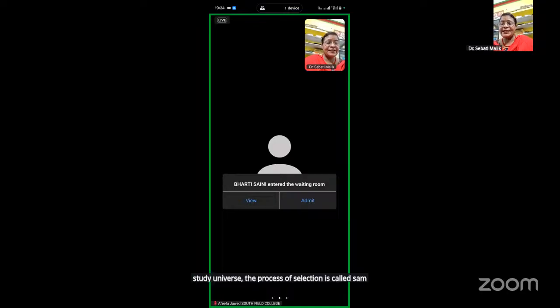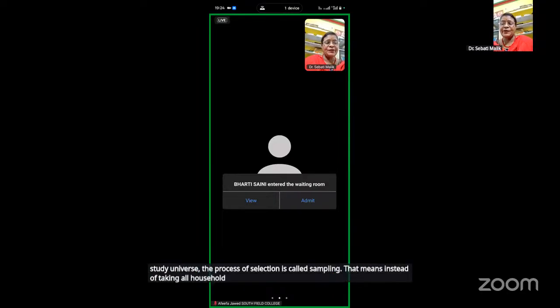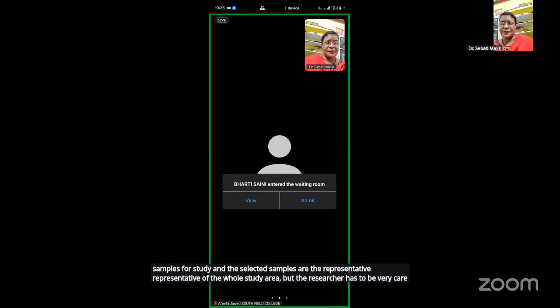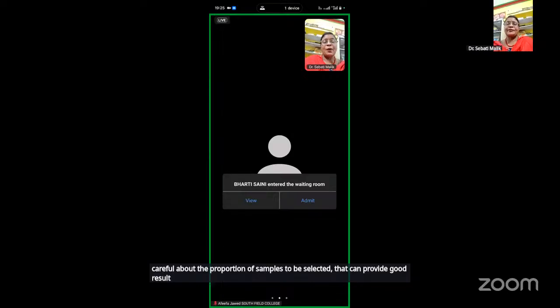That means instead of taking all households or interviewing all individuals, we can take some samples for study, and the selected samples are the representative of the whole study area. But the researcher has to be very careful about the proportion of samples to be selected that can provide a good result about the study population.